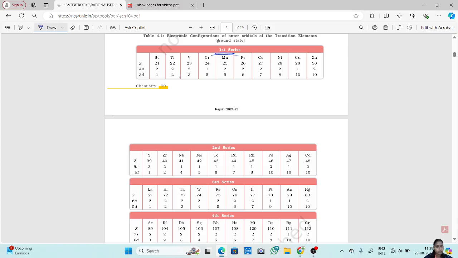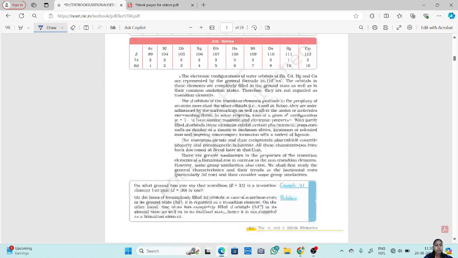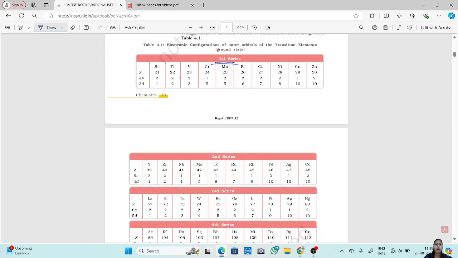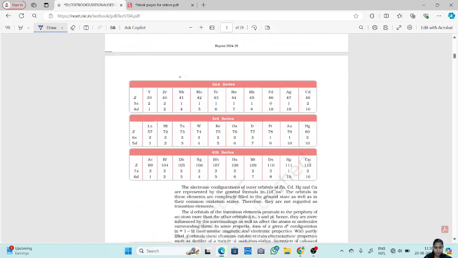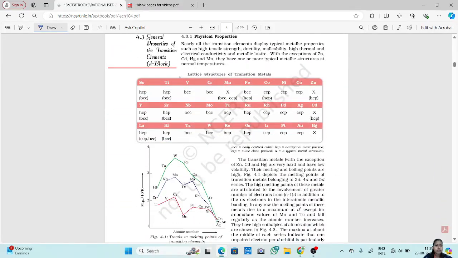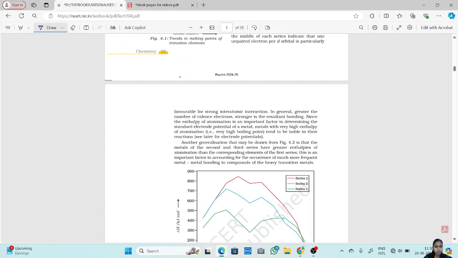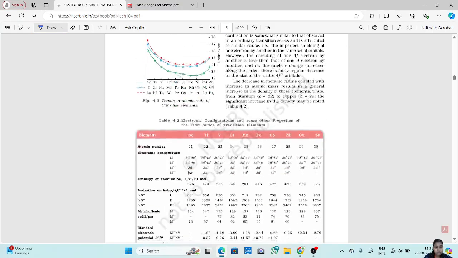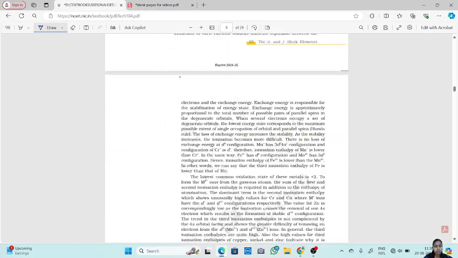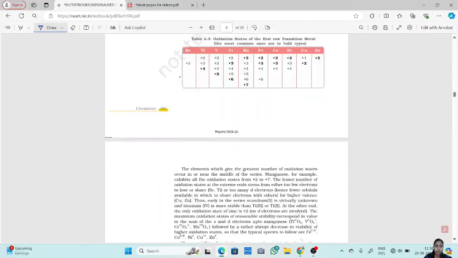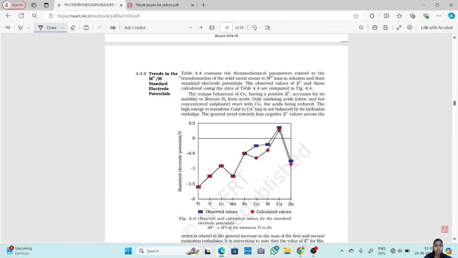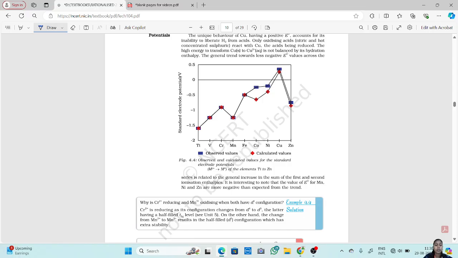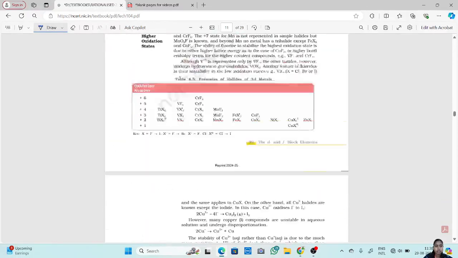We have to remember this first series, because all the properties are explained based on it. Then we have seen general properties of transition elements: melting point, boiling point, ionization enthalpies, atomic and ionic radius, oxidation states, their trends, and standard electrode potential trends.